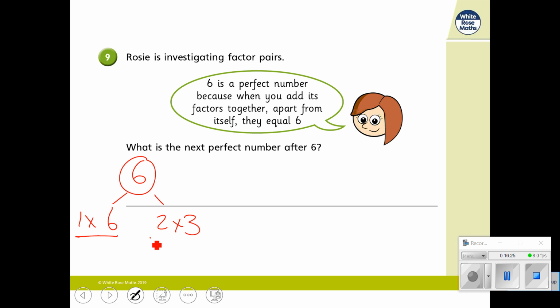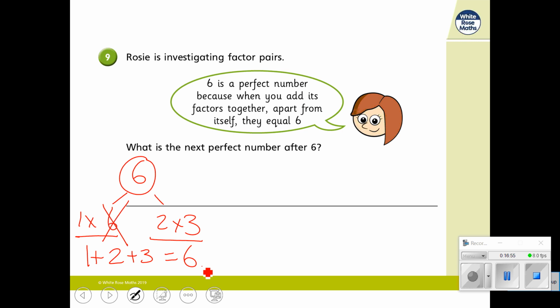So that's one factor pair and that's one factor pair. So it says if I add up all of the factors, they should equal 6 apart from itself. So let's cross out 6. So does 1 add 2 add 3 equal 6? Yes, it does.